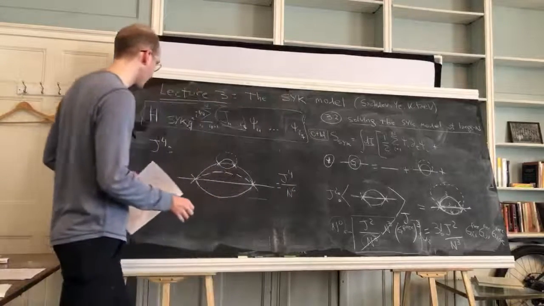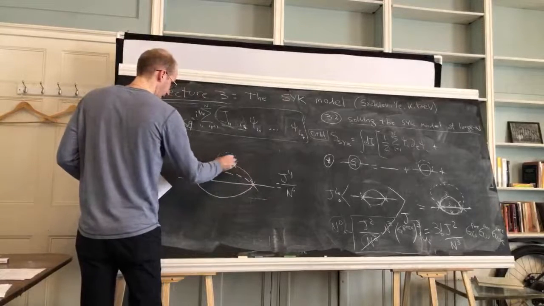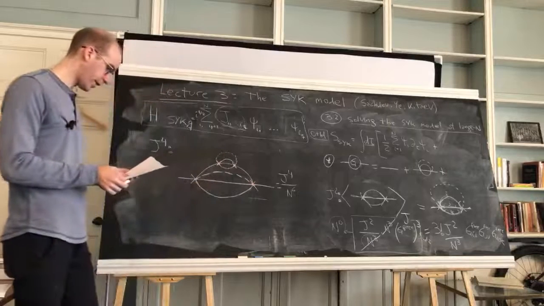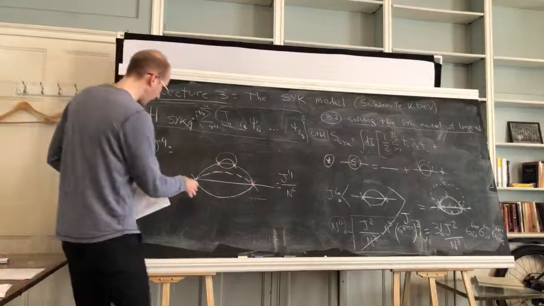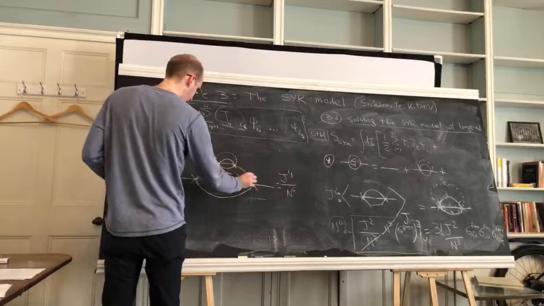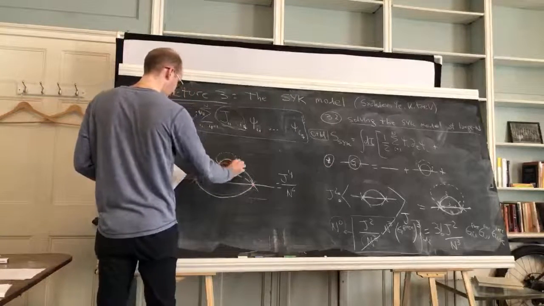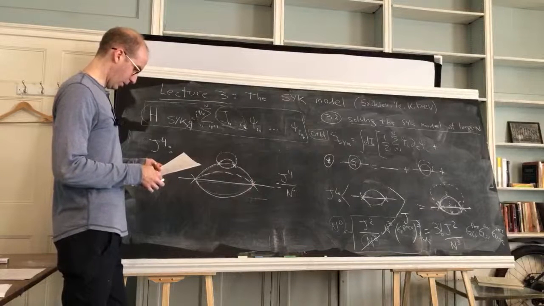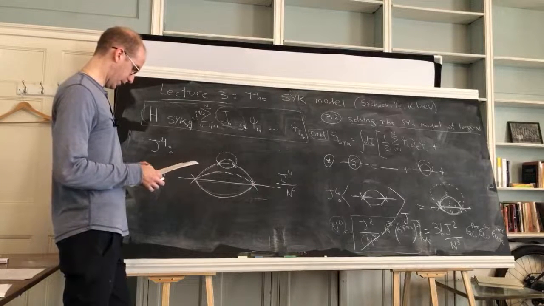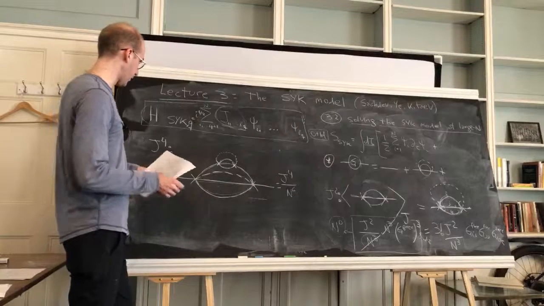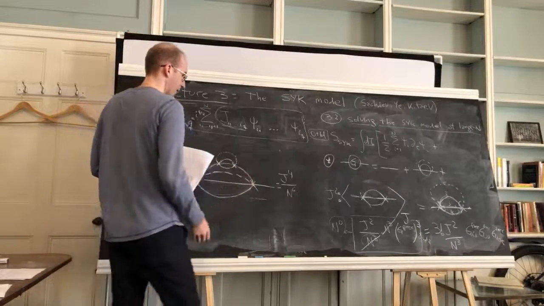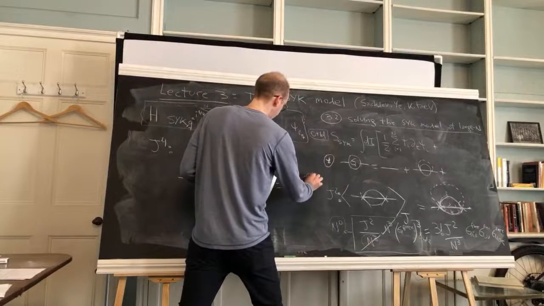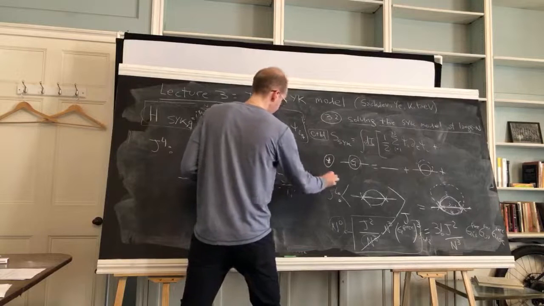That part is simple because it's just these two lines over here. In the end you get 6 free propagators. So I think this one is contracting with this one, and if you do the calculation properly, you get G free 6 times.